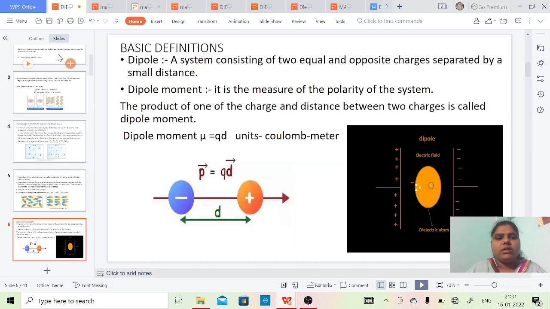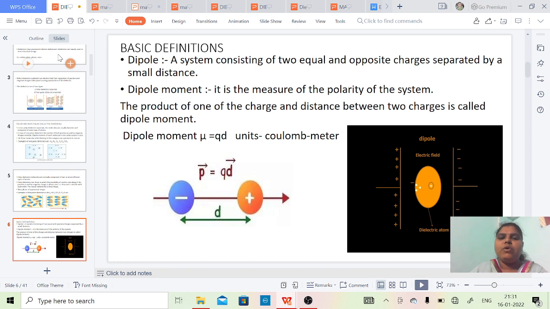Before going into this chapter, we have to study some definitions. Let me explain. Dipole: a system consisting of two equal and opposite charges separated by a small distance. Dipole moment: it is the measure of the polarity of the system.